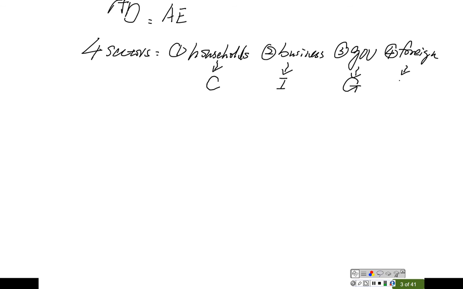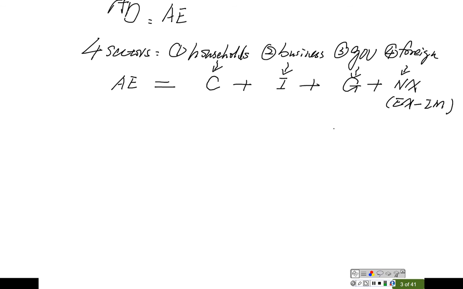So that's what we call the net export, which is export subtract import. Okay, so now we know the expenditure from each sector in the society. If we want to know what would be the aggregate expenditure, we simply add these four spendings together. So that's the equation you see on the PowerPoint slides.